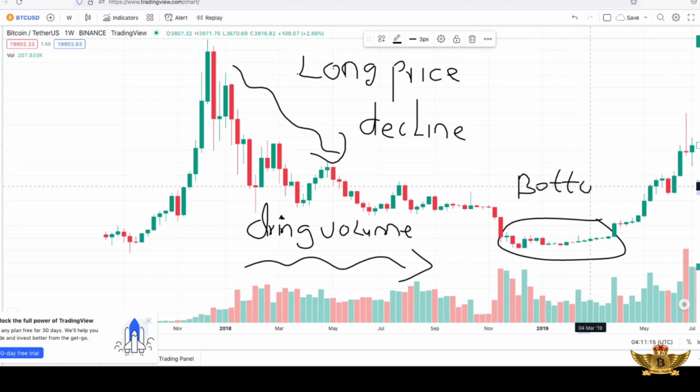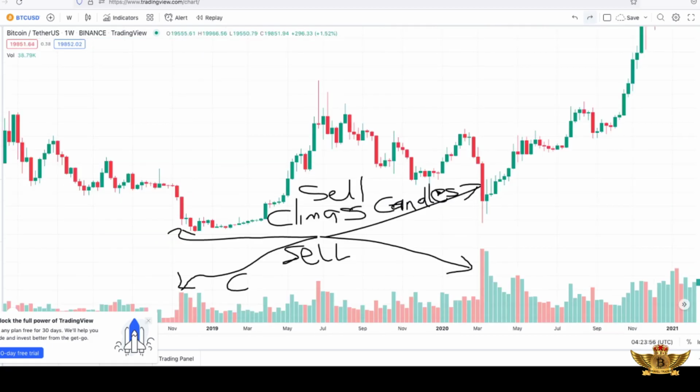Yes, you can see climax in the bottom as well as the top, but they play different roles here. Like I said, volume tends to dry up when a bottom is occurring, indicating that supply volume has diminished and the sell-off pressure has lessened, meaning demand is going to rise.